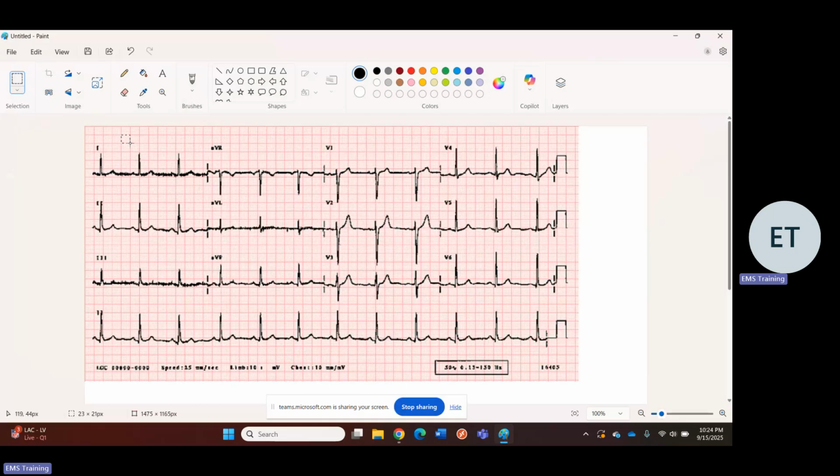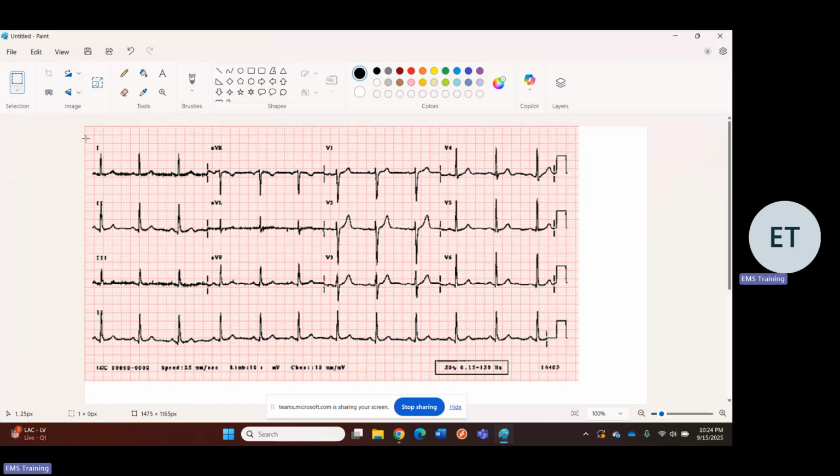This is stuff you have to memorize. 5 of them together, also known as one big box, which is seen highlighted here, is 0.2 seconds. So 0.04 times 5 is 0.2. So every one of these big boxes is 0.2 seconds, which means 5 of them are 1 second. So if you counted them all through, this right here is a 10-second strip.